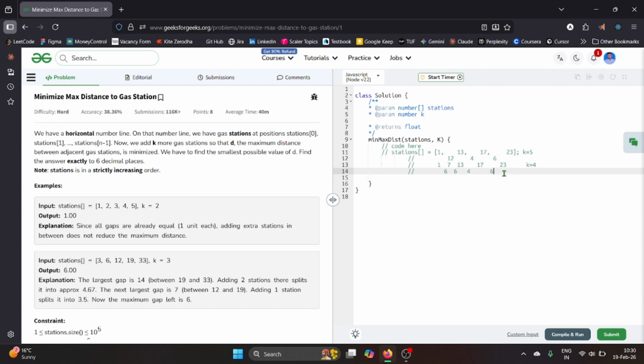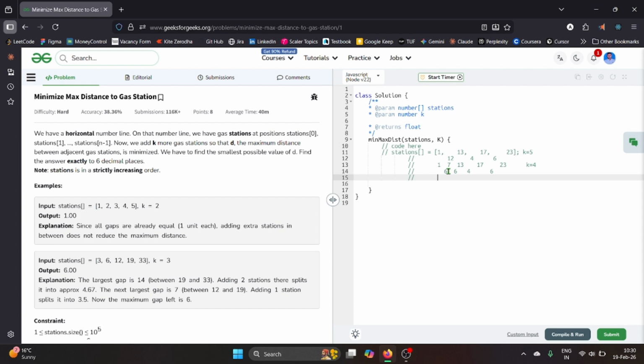So how can we put our new gas station? Our new gas station will be put where the distance is maximum. Understood? Here the first distance is 6 and the second is 6, the third is 4, and then 6, and the next is 6.